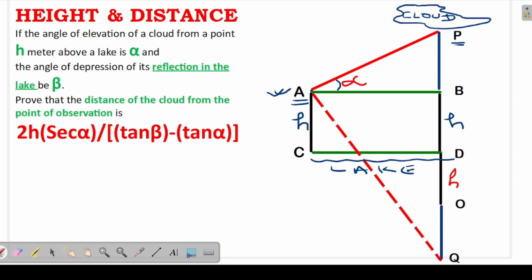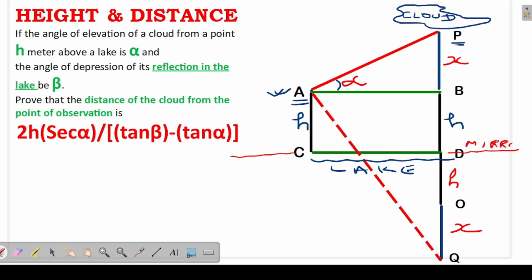Why? Because you can see the cloud is at h plus this height. Let us say PB is the height which is equal to x, right? Then D to O will be equal to h and O to Q will be equal to x, the reflection of that. You know, if CD is a mirror, because this will act as a mirror, right?